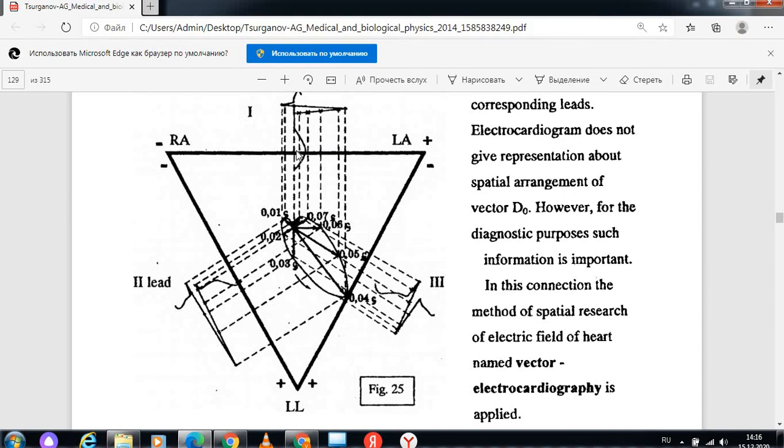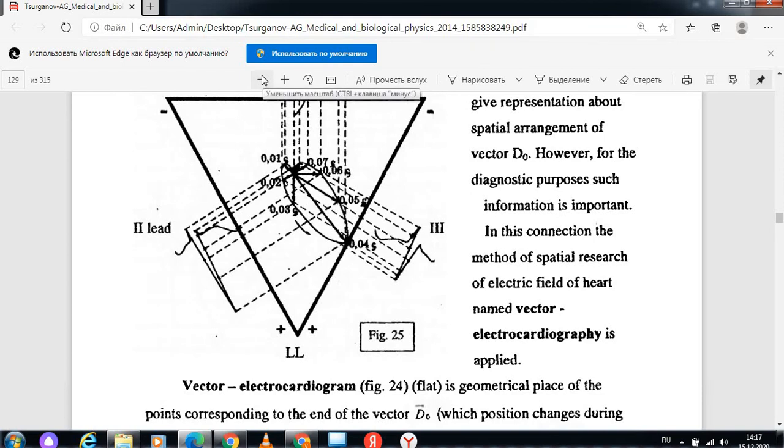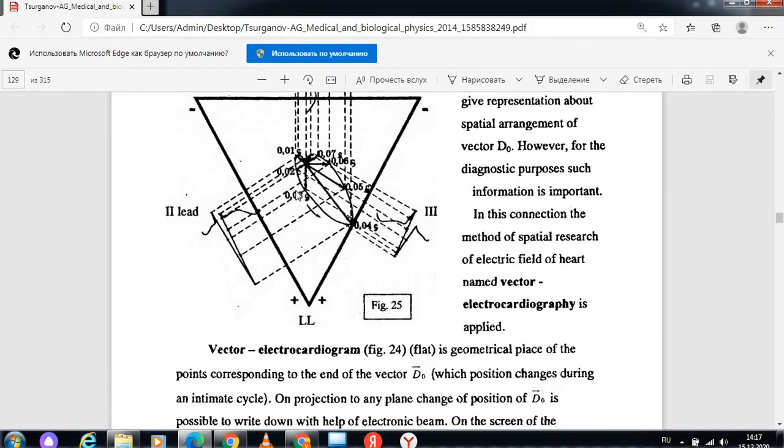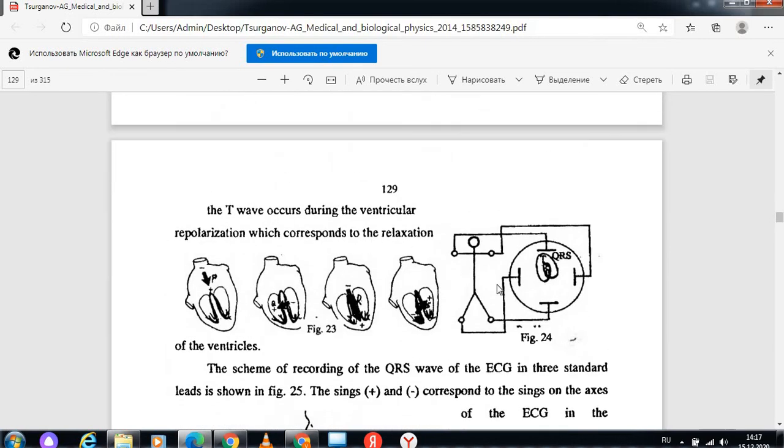In this connection, the method of spatial research of the electric field of the heart, named vector electrocardiography, is applied. The vector electrocardiogram is flat, on figure 24.